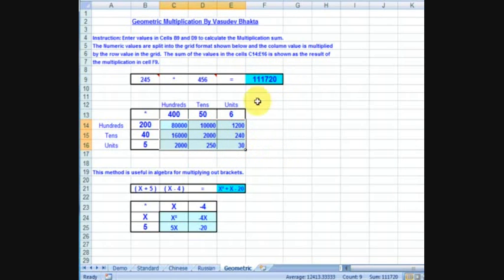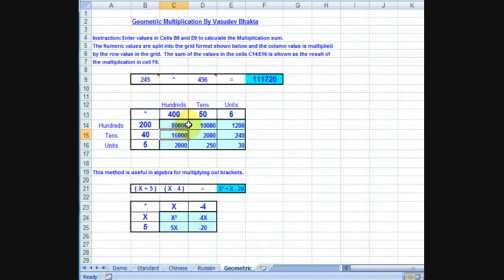Add all the values here in coloured cells together, and we have a total of 111,720.